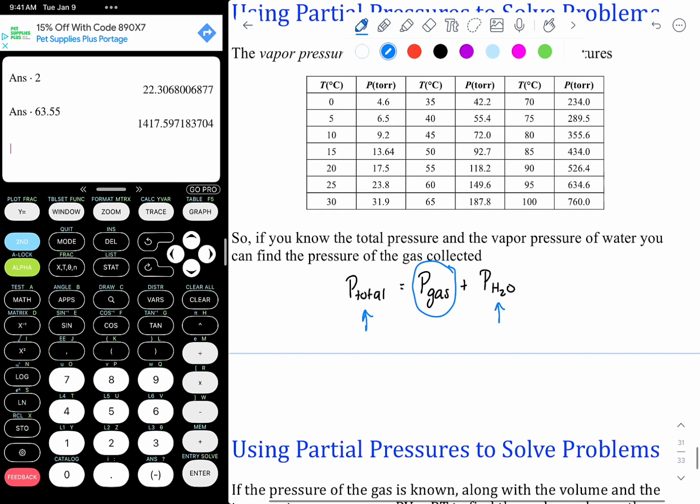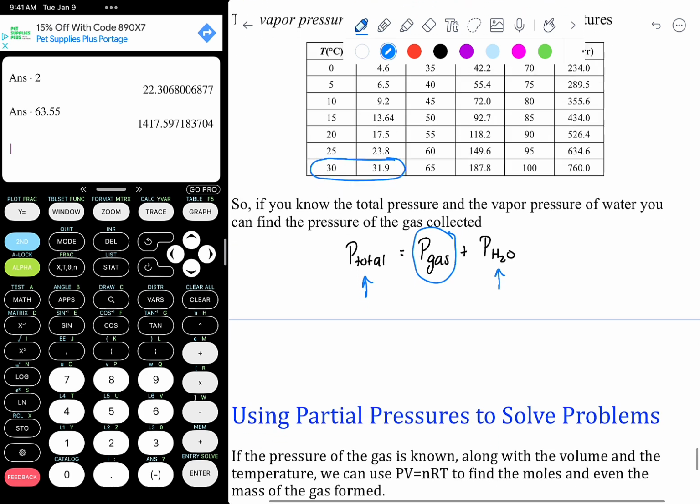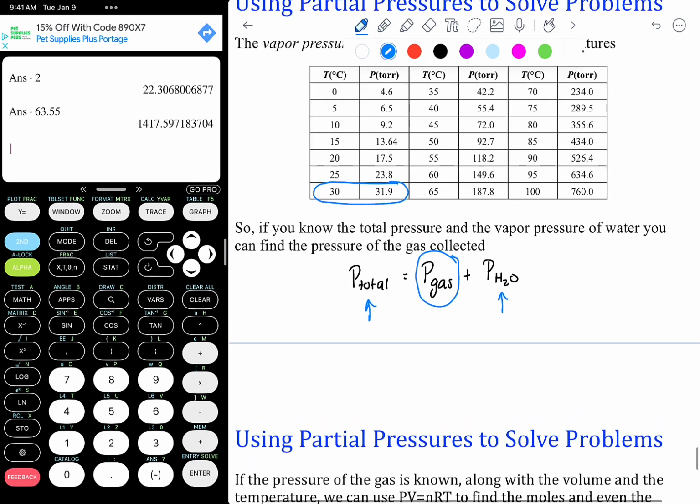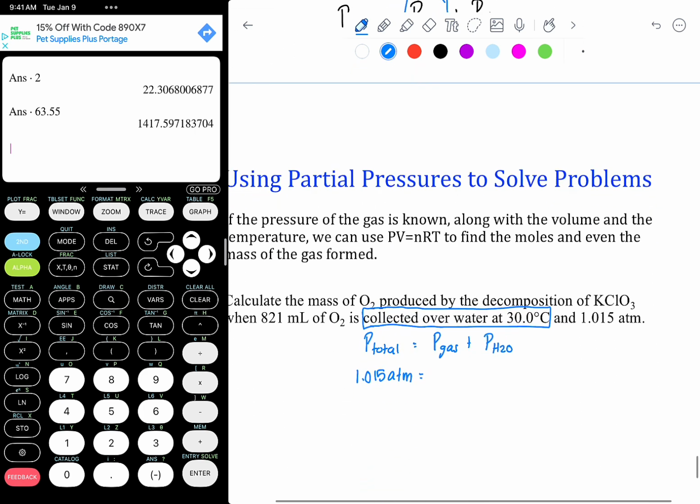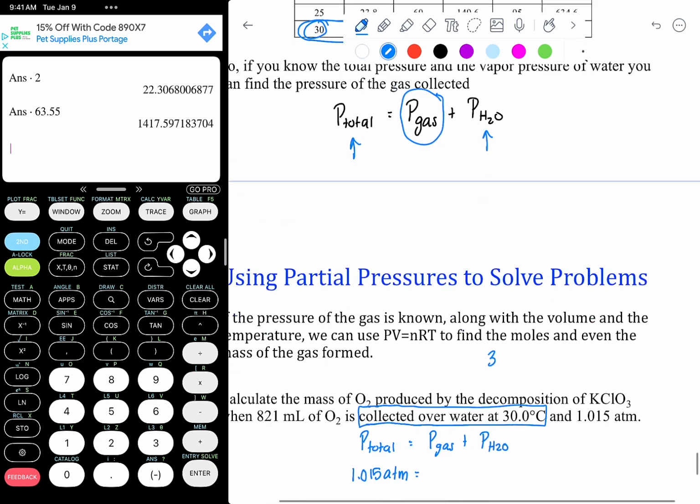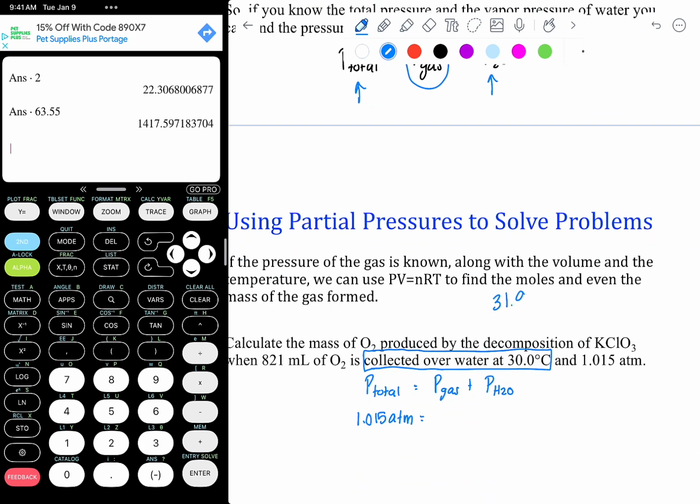So at 30 degrees Celsius, we have a vapor pressure of 31.9 torr, right? Here's temperature, here's pressure. 30 degrees Celsius, 31.9 torr.